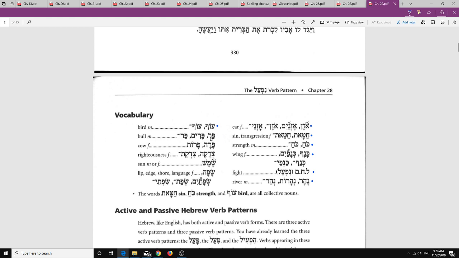Then I have par, parim, par means bull. Para, parot means cow. Notice that these come from the same word. They are literally just a masculine form and a feminine form. So it should be pretty easy, especially tying those together.